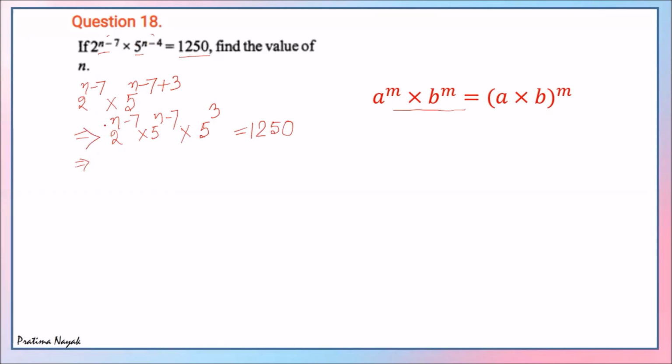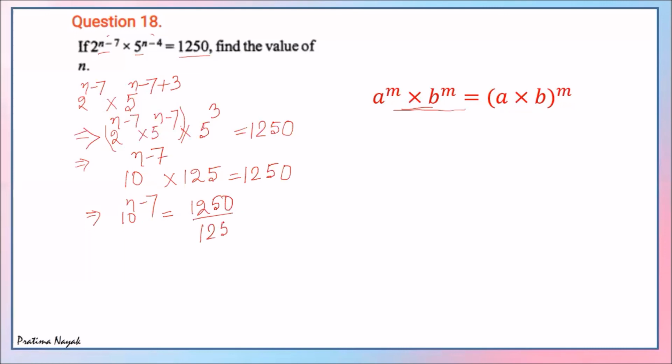So now I'll combine these two. So how much will it be? 10 to the power n minus 7. You can see on the right side, we can multiply the base. And what is 5 raised to the power 3? 5 into 5 into 5. This is 125. So is equal to 1250. Now 10 to the power n minus 7 is equal to 1250 divided by 125.